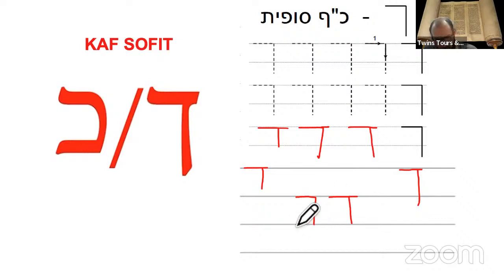And then we have the kaf sofit. You see, longer. So this is dalet, resh, kaf, and we pronounce it derech. Why did I say che? Because there is no dot. It's che. Derech.